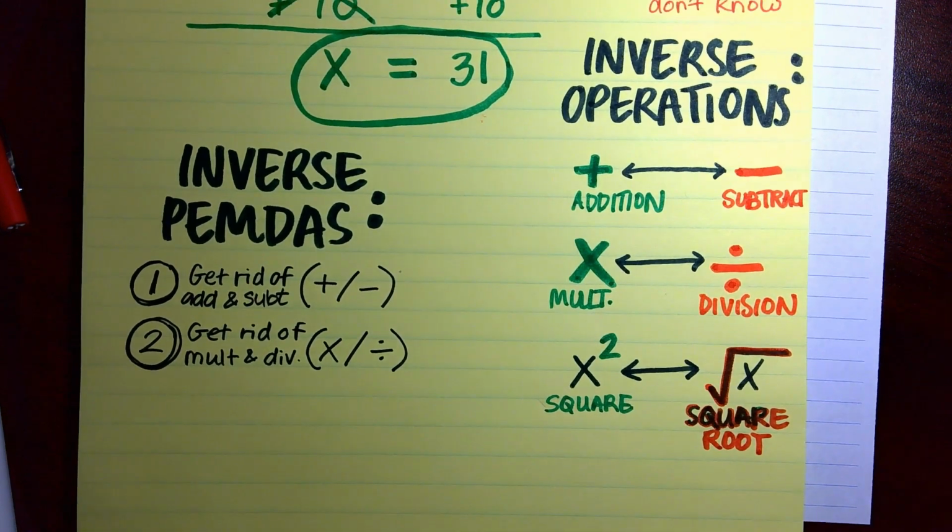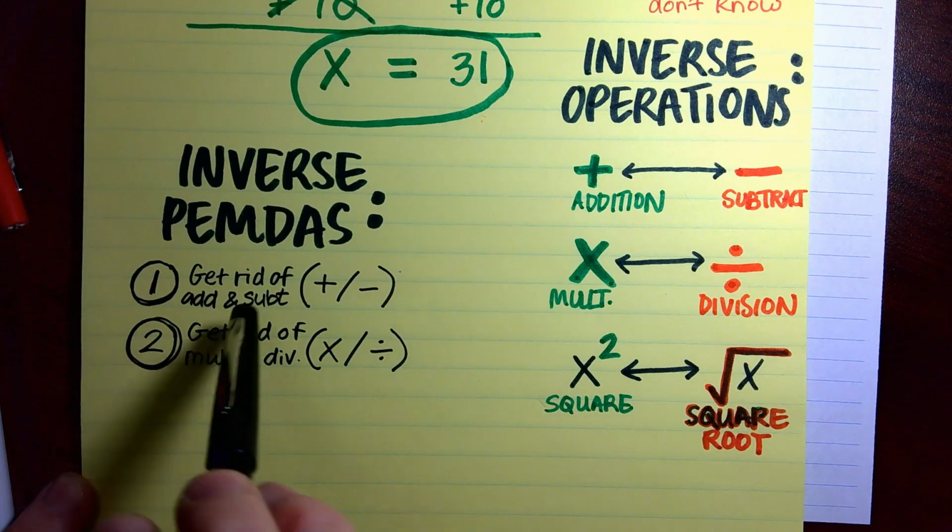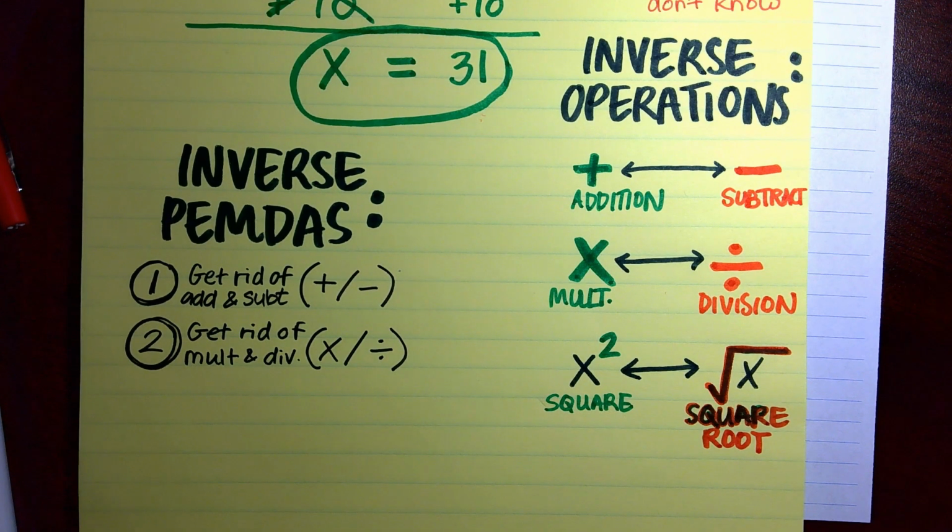So when we're solving equations, these are the two main things that we need to remember. This is basically the two laws that we're worried about for now.